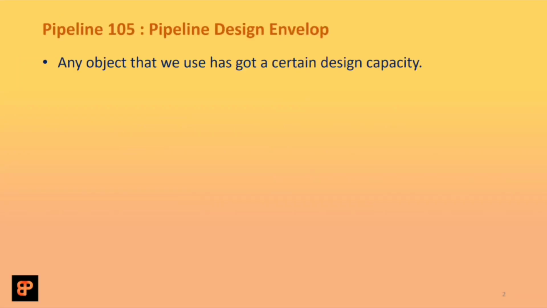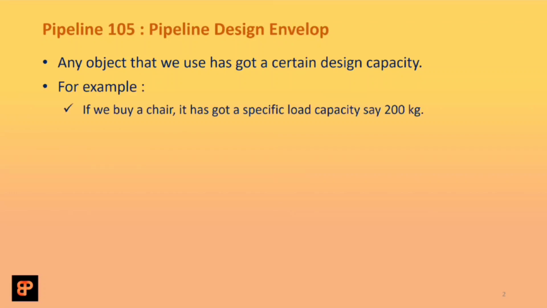So any object that we see has got a certain design capacity. Before going to the pipeline, I would like to explain a few very general day-to-day examples so that you can easily understand what I am talking about, the design capacity. Let's take an example of a chair.